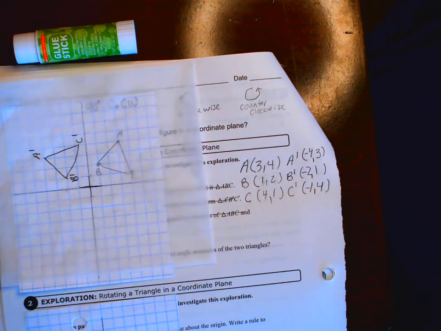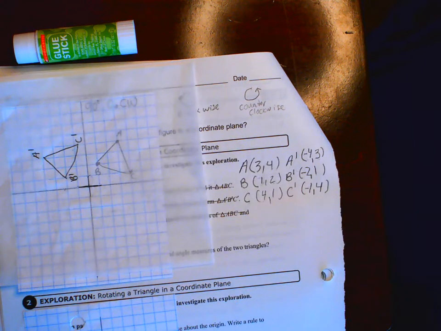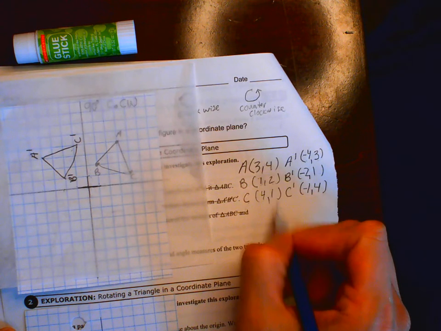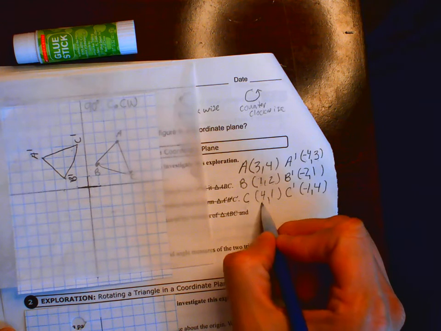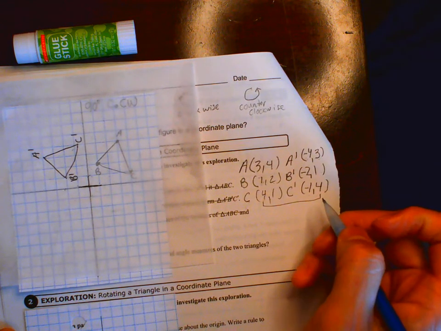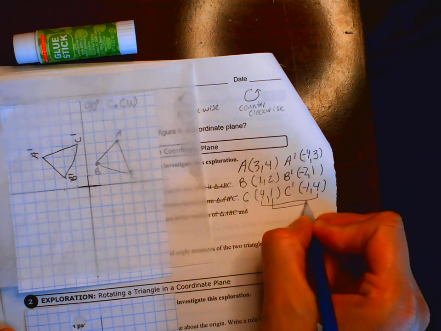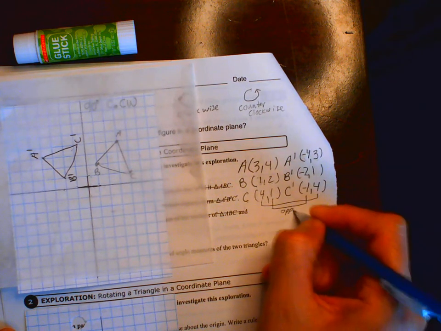So as you can see, the y value changes to the x value, but it changes sign. And the x value is now in the y value place, and it did not change. So here, this moved over to the x-axis, but it changed to the opposite.